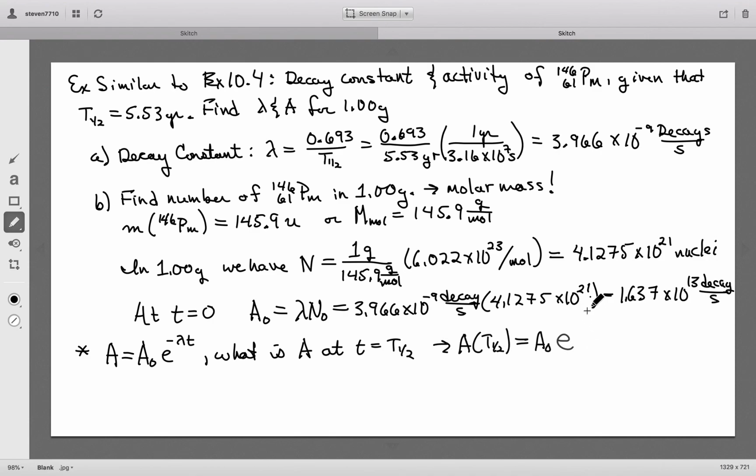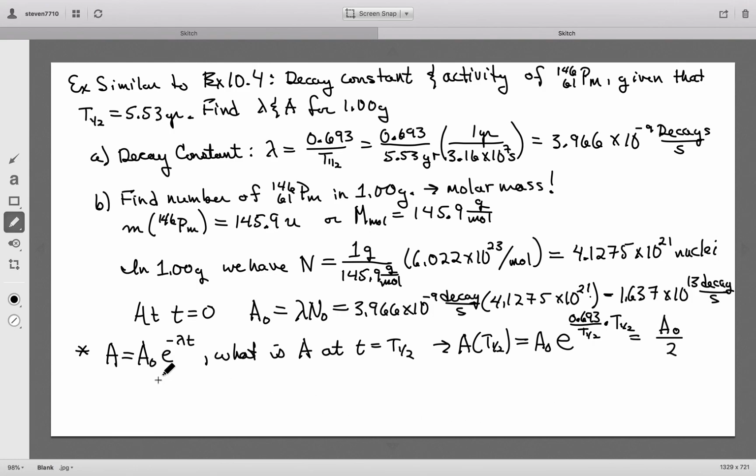But remember, lambda is your decay constant, and in terms of your half-life, it's 0.693 over your t sub 1 half. But the time, that was your lambda, your time here t is t sub 1 half. And if you check out and do the math, you get A0 over 2.